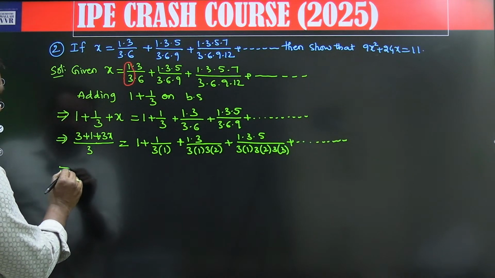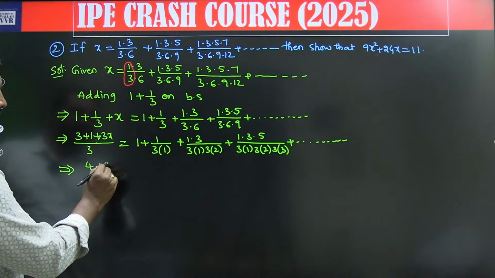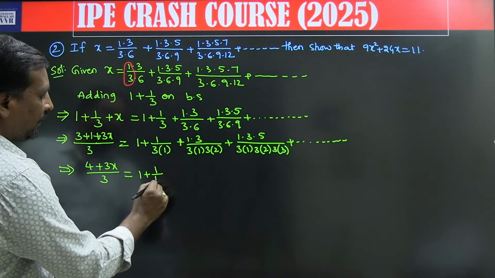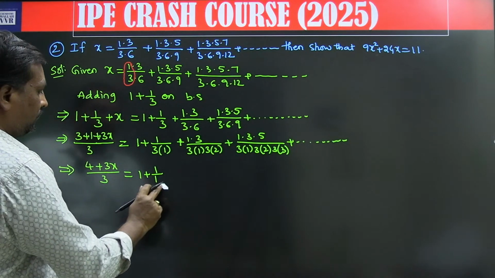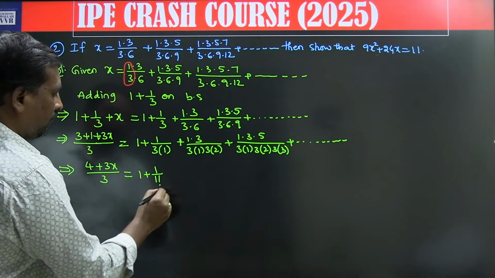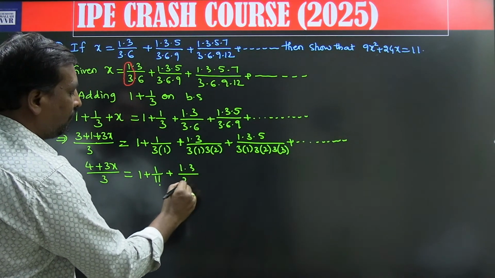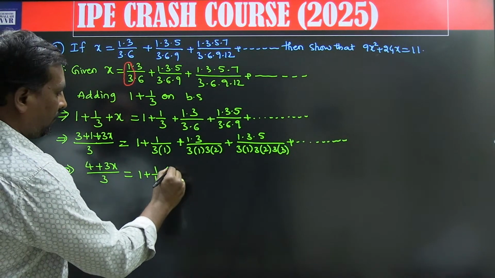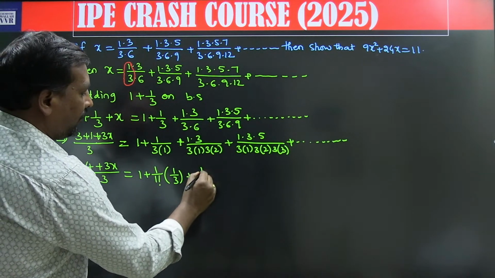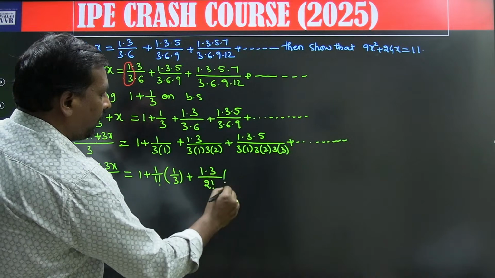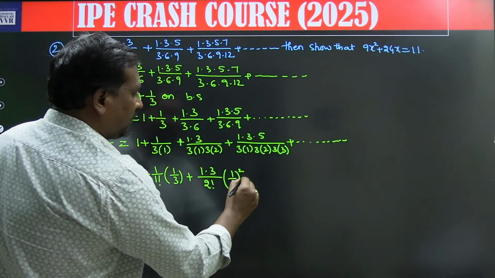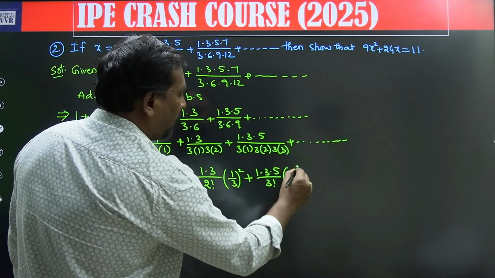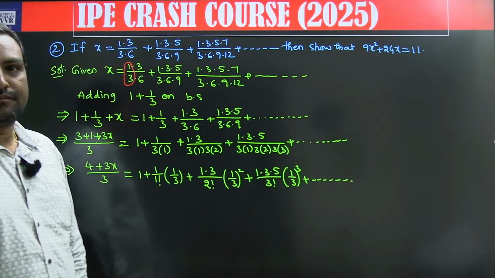So this value is 3 + 1 = 4, (4 + 3x)/3 = 1 + 1/1 factorial (1/3) + 1·3/2 factorial (1/3)² + 1·3·5/3 factorial (1/3)³ + and so on.